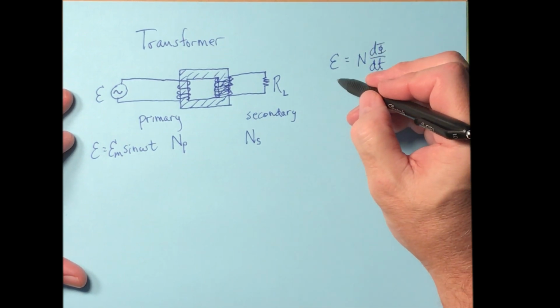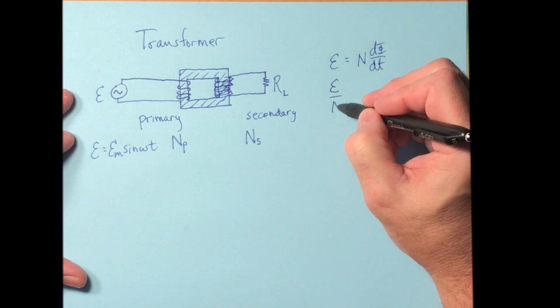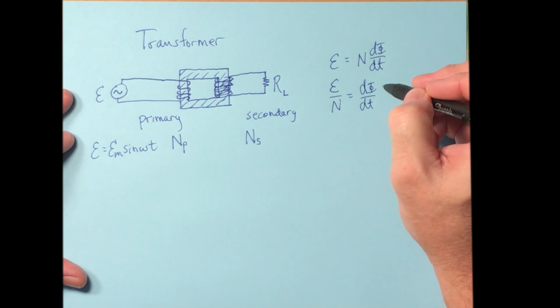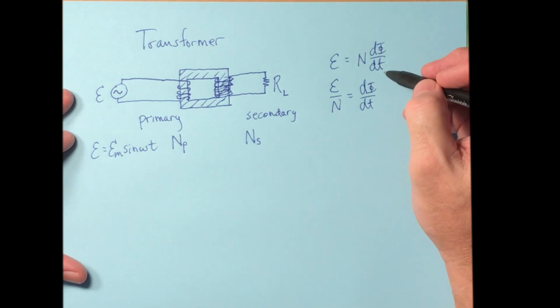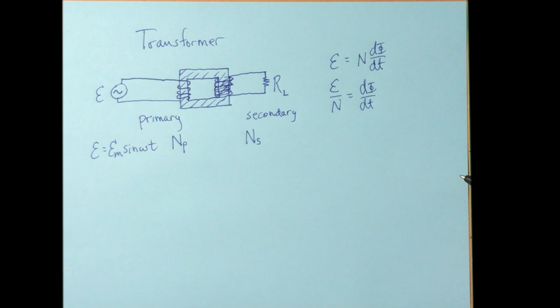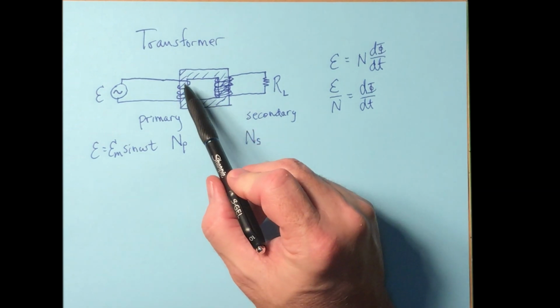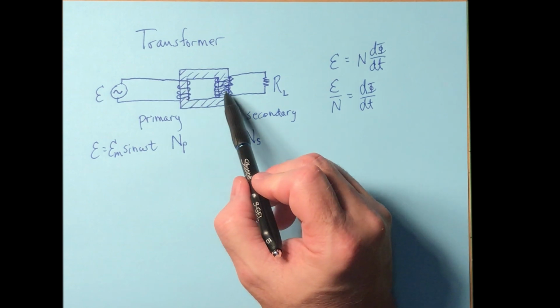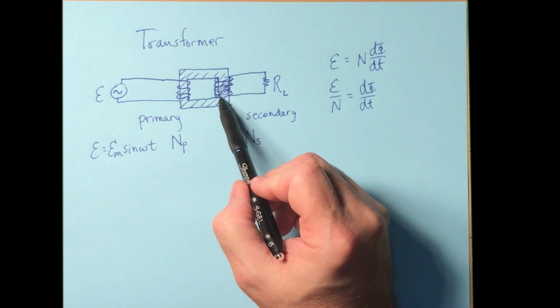All right, let's write that a little bit differently. E over N is dΦ/dt. Well, Φ, you may recall, is magnetic flux. And here's the thing you need to keep in mind. As quickly as the flux changes over here, it changes just as quickly over here.